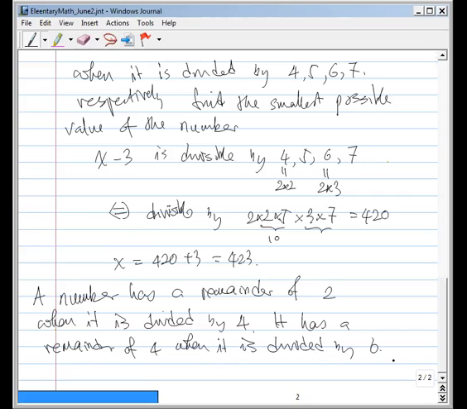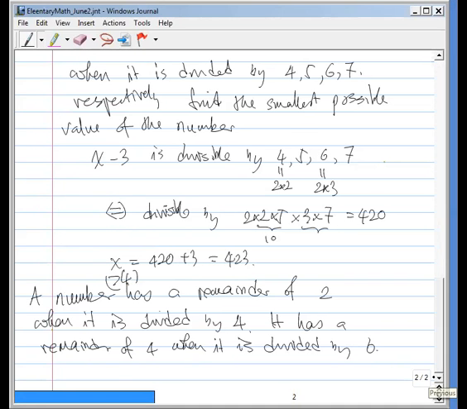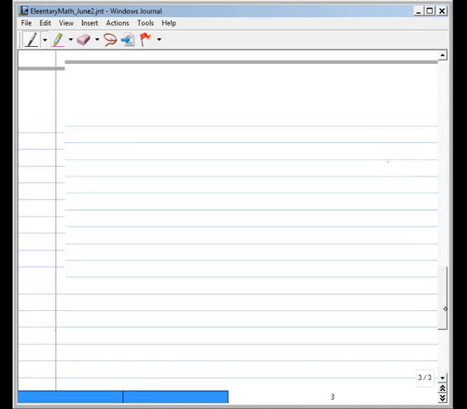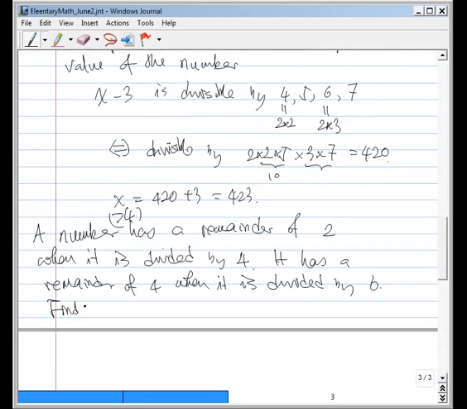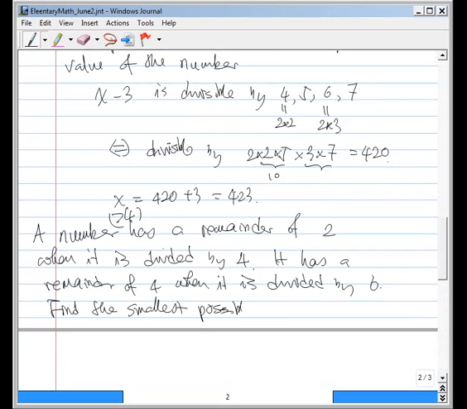So this number should be greater than 4. Yeah, we have to mention that. My question is, what is the smallest number with this property? So find the smallest possible value of the number.